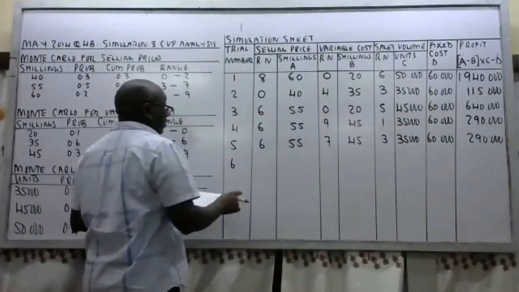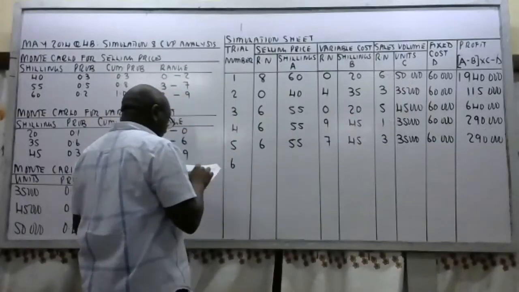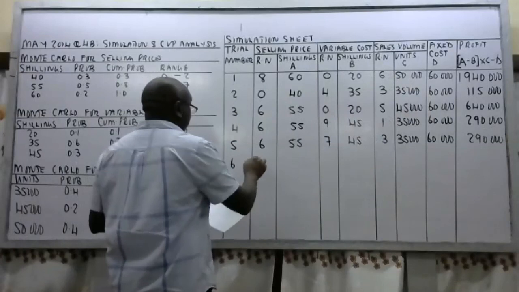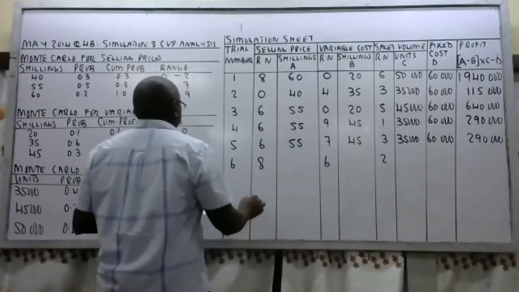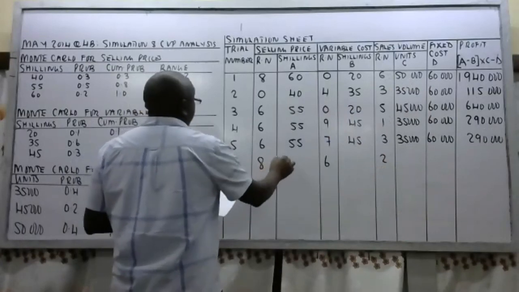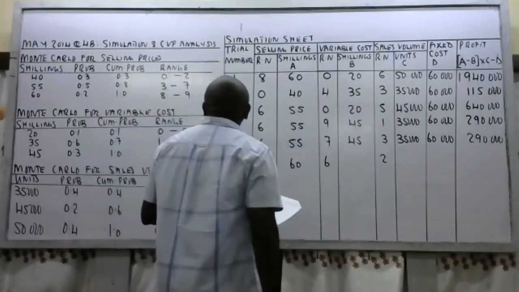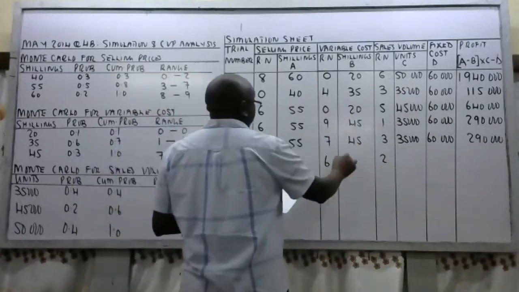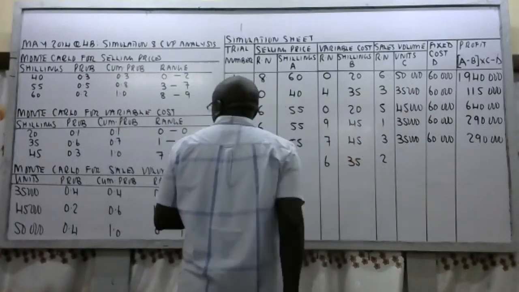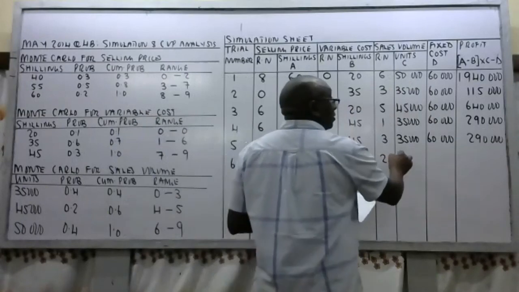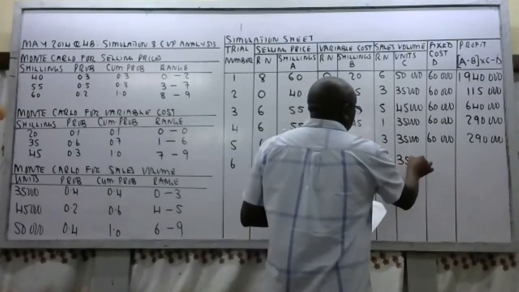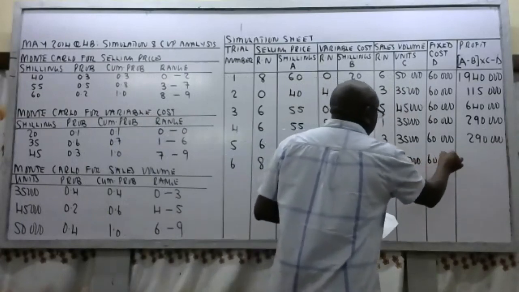Number 6. After 673, now I have 862. So 8 is giving me 60. 6 is giving me 35. 2 is giving me 35,000. And this is 60,000.